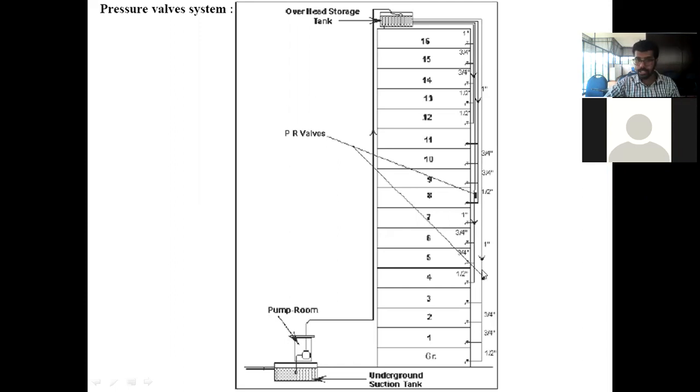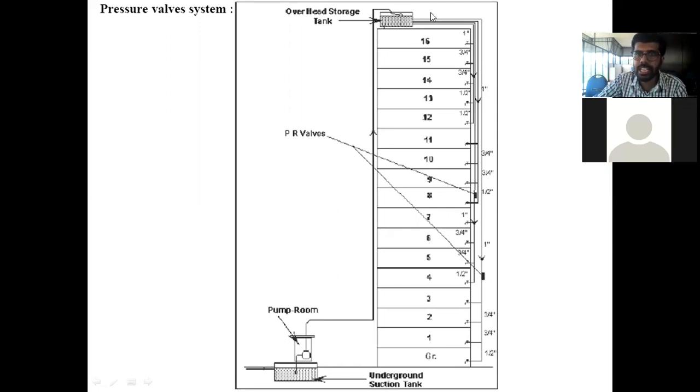The pressure will increase beyond 80 psi, so it will damage the fixtures. So by putting in the pressure reducing valve, it should come in the range below 80 feet. So it is better to give a pressure reducing valve at the 4th floor or so, so that we can give proper pressure to the first 3 or 4 floors. So this is known as a pressure reducing valve.